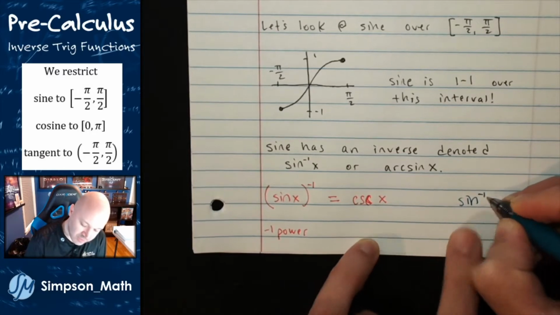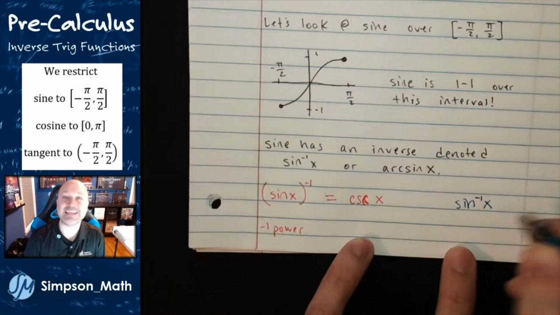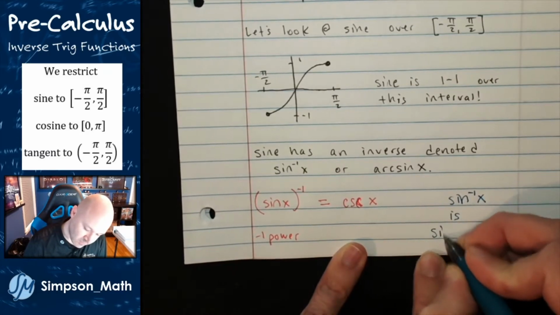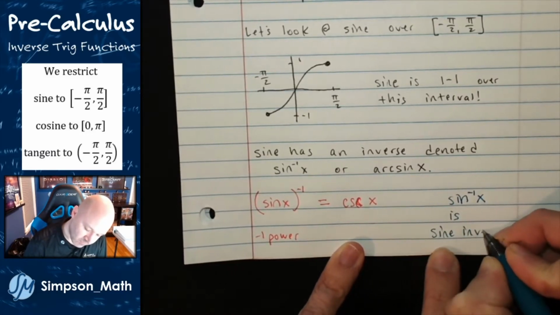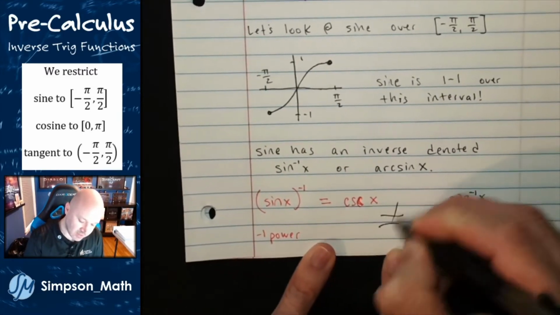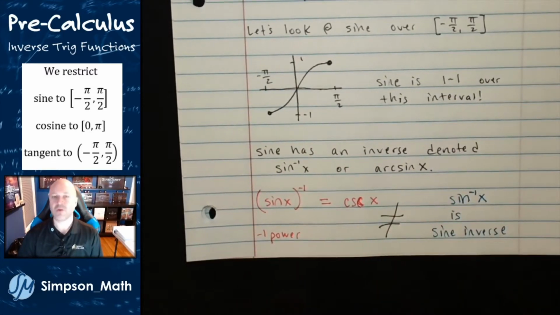Sine with a superscript -1 there is the inverse function. These are not the same thing. So if I ask you for sine to a -1 power, I'm asking you to reciprocate that value, or I'm asking you for the cosecant value.